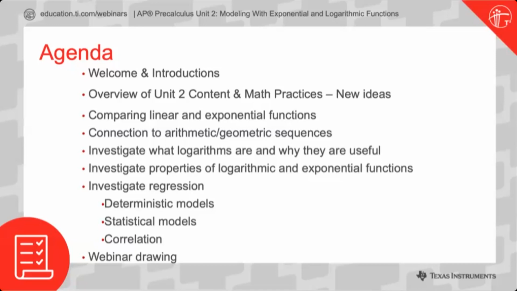Then we'll take a close look at logarithms, what they are, why they're useful, some properties of logarithmic and exponential functions, and then relate that into regression and modeling and look at how logarithmic and exponential regression compare to linear regression, as well as what are the instances or the contexts where you might expect to see exponential or logarithmic regression models be useful. And then I think we'll turn it back over to Mike, and he can say a bit more about the webinar drawing later.